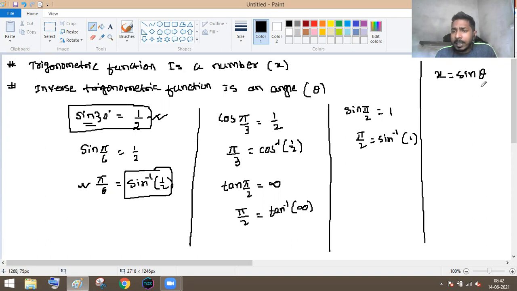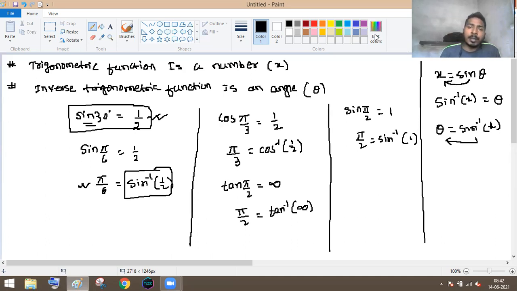So from here, can we say that sine inverse x will be theta? Means theta is sine inverse x. So the inverse is an angle. But when we talk about the ratio or trigonometric function, that will be a number. Are you clear with these two parts? Yes. Okay.